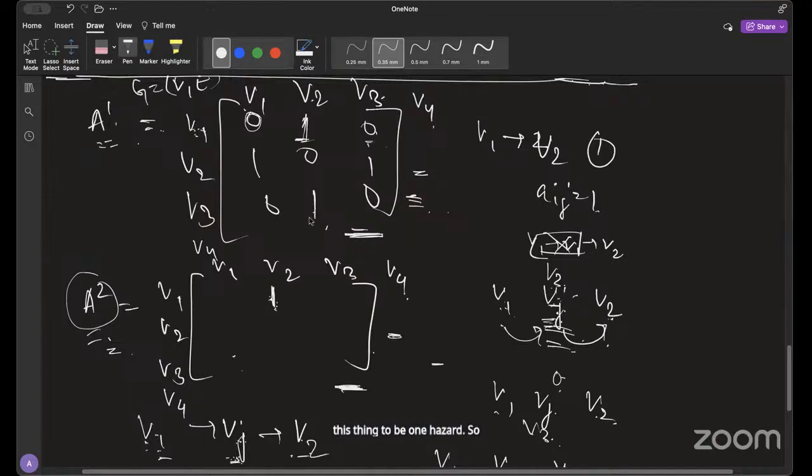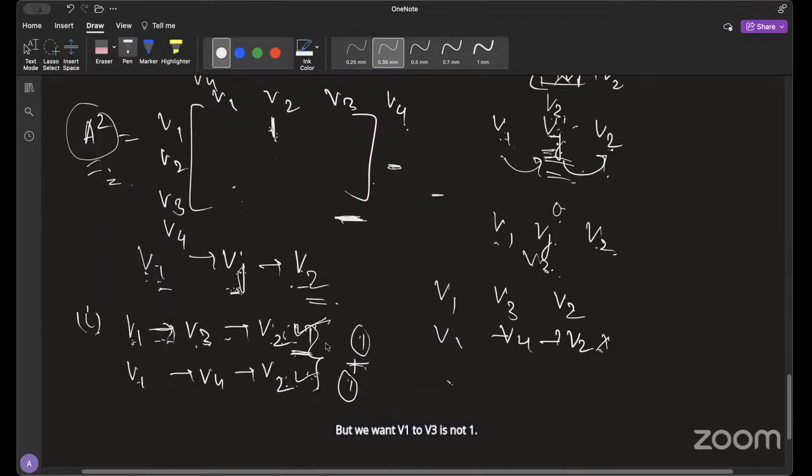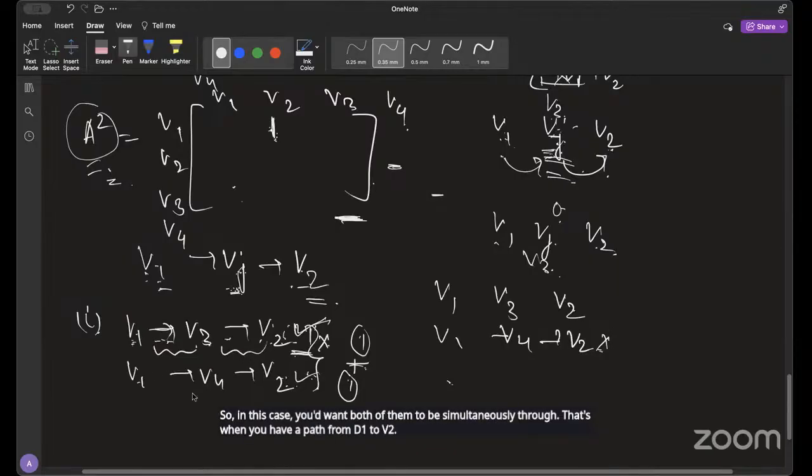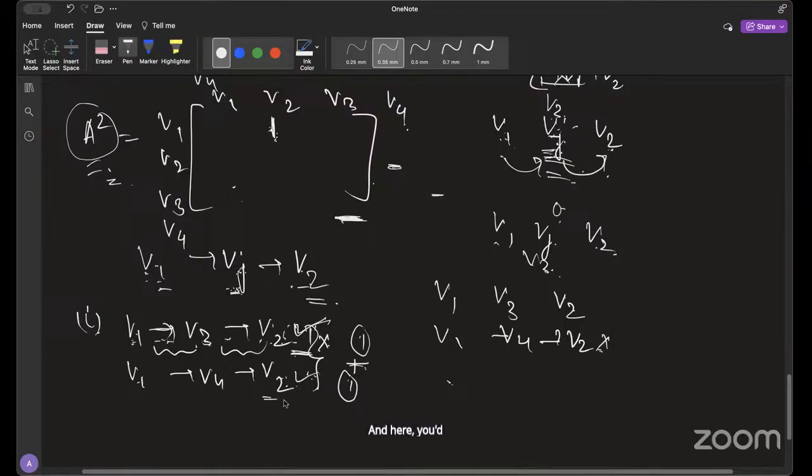Here V3 to V2 is 1, but V1 to V3 is not 1. That's why this is not true here. So in this case, you'd want both of them to be true, and that's when you have a path from V1 to V2. And here you want only one of them to be true. If both are true, that's also fine.